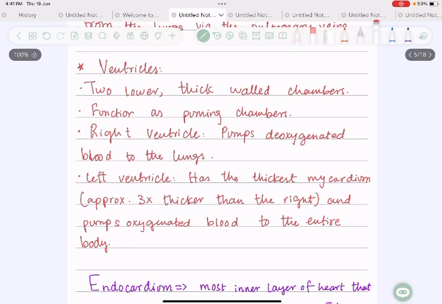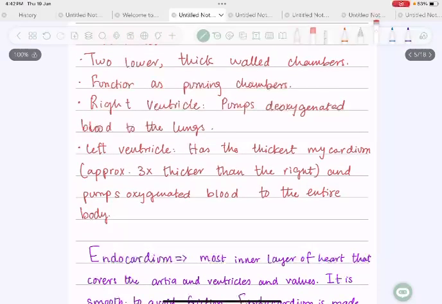Then the ventricles, they are the lower ones and they have thick walls, especially the left ventricle, as it has to transport the blood to the entire body. The right ventricle pumps the deoxygenated blood to the lungs. So the right ventricle has a less thick wall compared to the left ventricle, because it has to pump the blood over a shorter distance from the heart to the lungs.